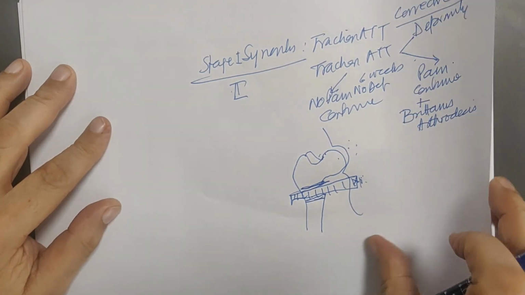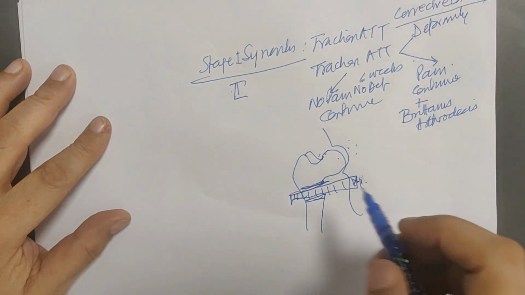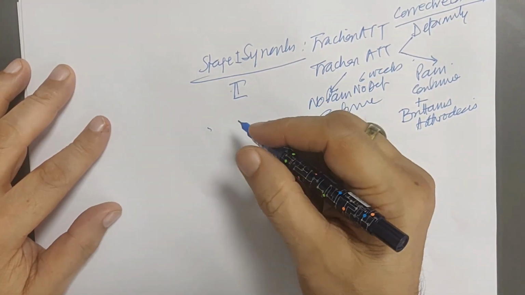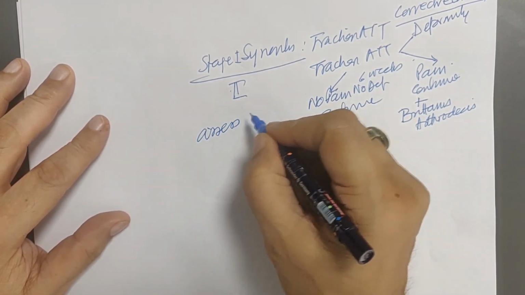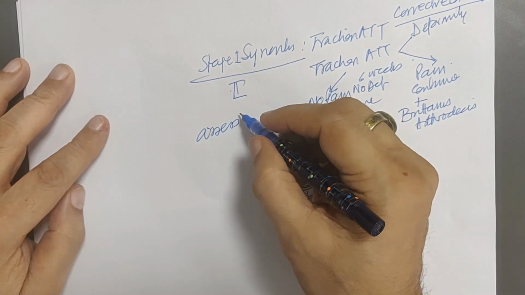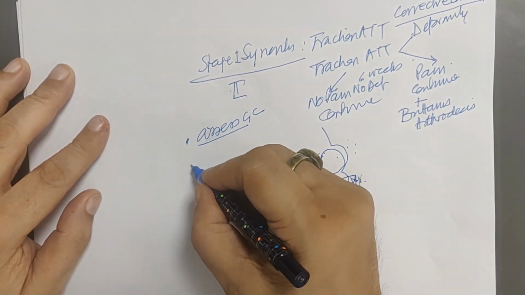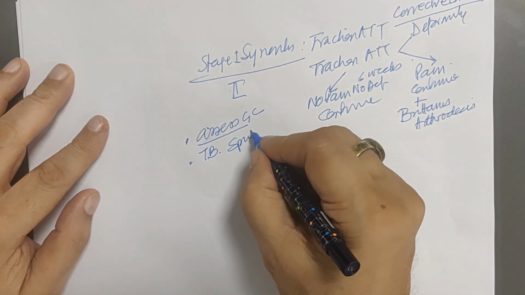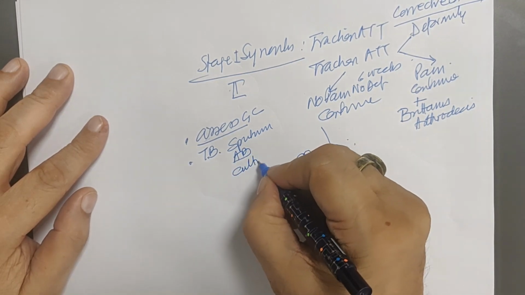So this is tuberculosis hip. How would you investigate? To assess general condition: hemoglobin, TLC, DLC, ESR, GBP, blood urea, blood sugar, urine and stool. Assess GC. Then to diagnose tuberculosis: sputum, antibodies, culture.